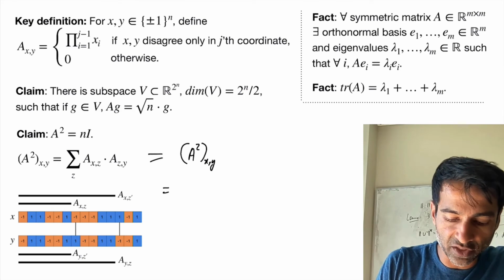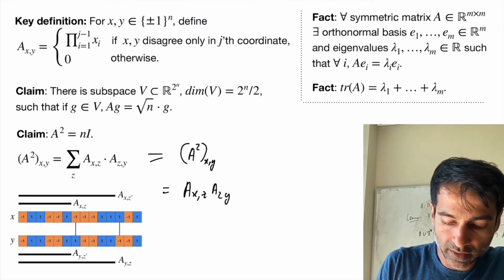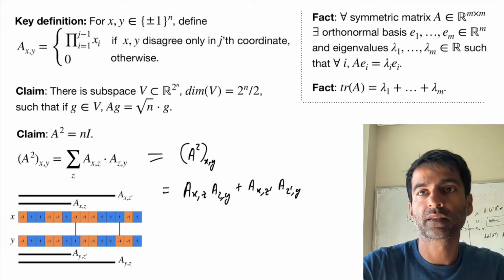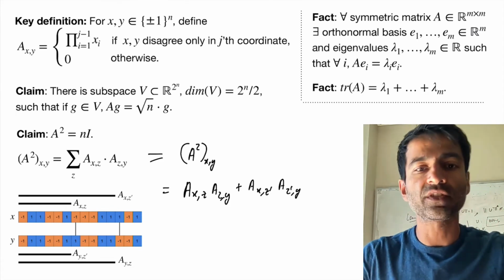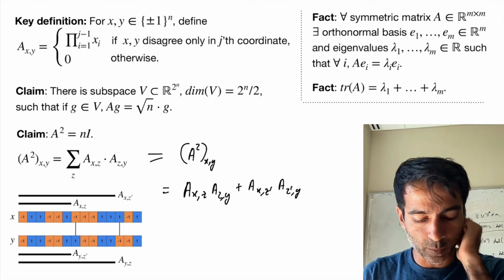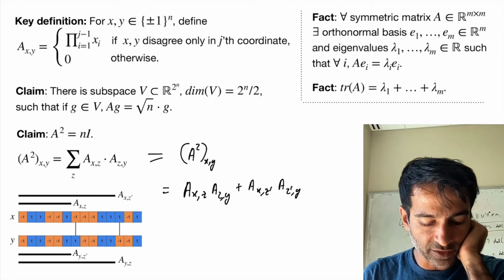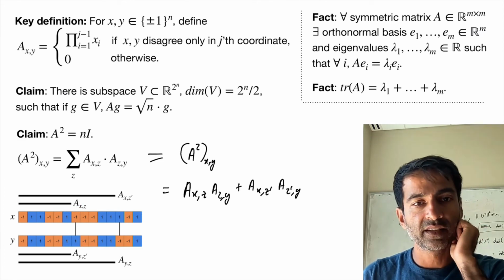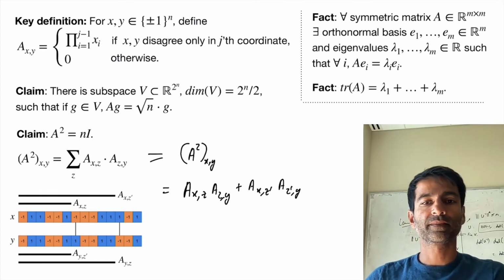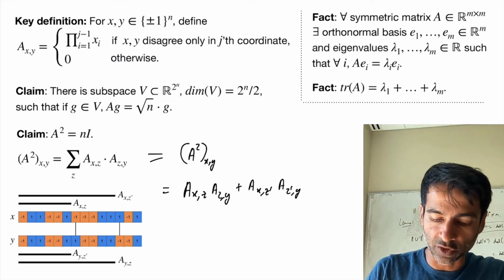The sum is actually equal to a_xz a_zy plus a_xz' a_z'y. There are exactly 2 entries that contribute, where z is the input that disagrees from x in this coordinate, and z' is the input that disagrees from x in this coordinate. These are the only 2 inputs that can contribute.